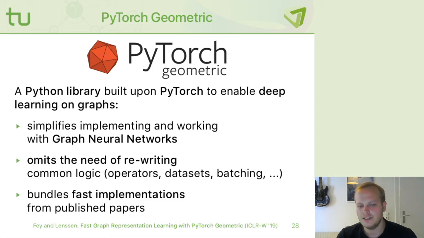And last but not least, it bundles fast implementations from a variety of published papers into a unified framework, so that it helps users to apply GNNs to a specific problem where relational learning might be important. And it is in particular useful for researchers to compare their approaches to related ones and to make research overall more reproducible.